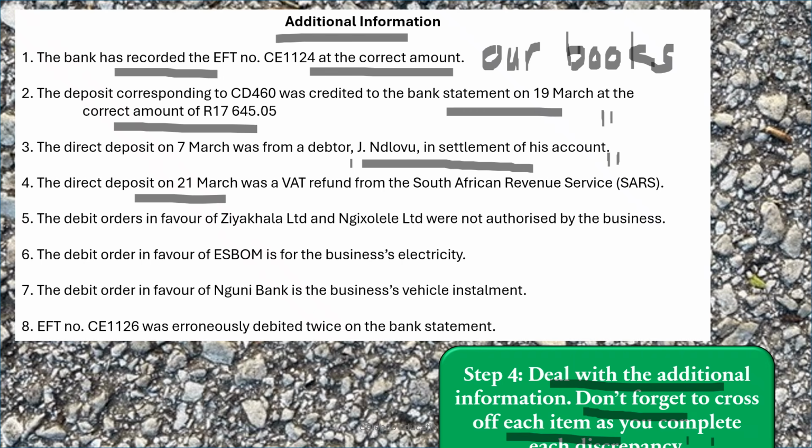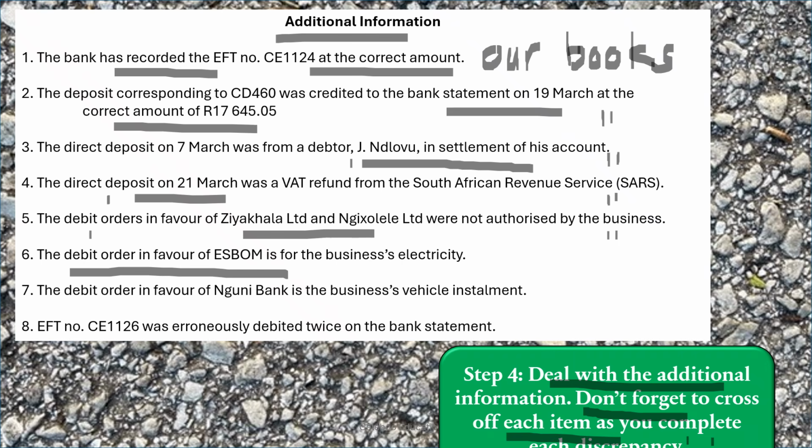The direct deposit on the 21st of March was a VAT refund from SARS. It's going to go in our books because we didn't know about it until we got the bank statement, because it was a direct deposit. The debit orders in favor of these two people that we needed to pay are on our bank statement, but not yet in our books.